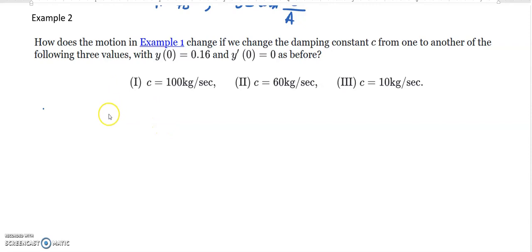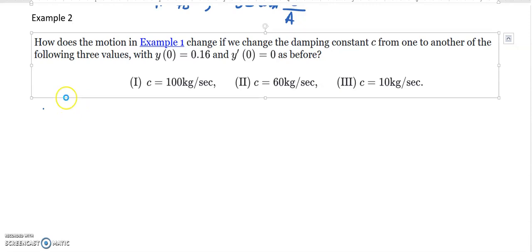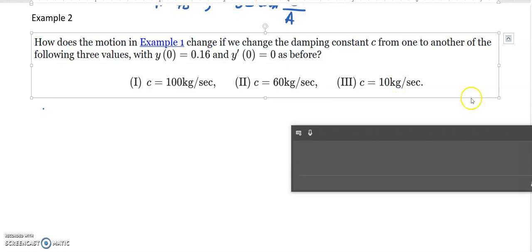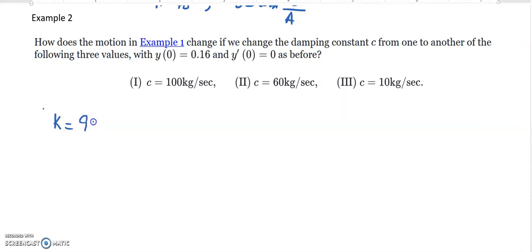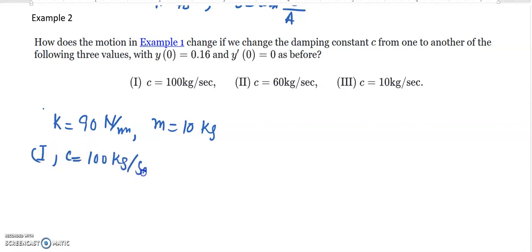So remember that now we need some data from the previous case. The value of k was 90 Newton per meter, and the mass was 10 kilogram, if I remember correctly. Now for the first case, c is given as 100 kilogram per second.